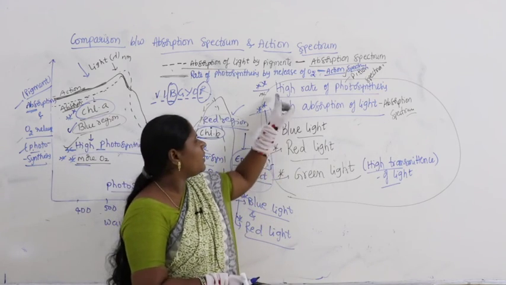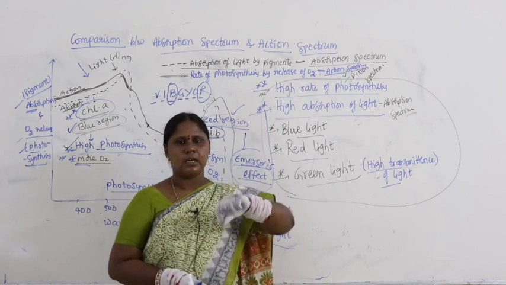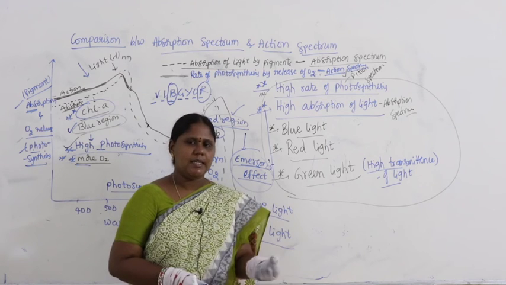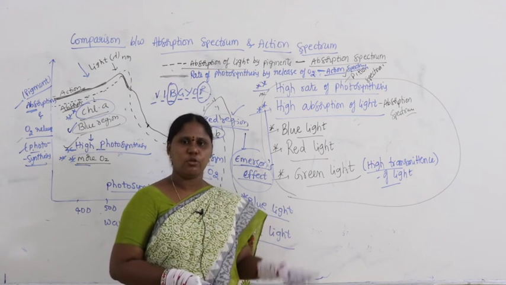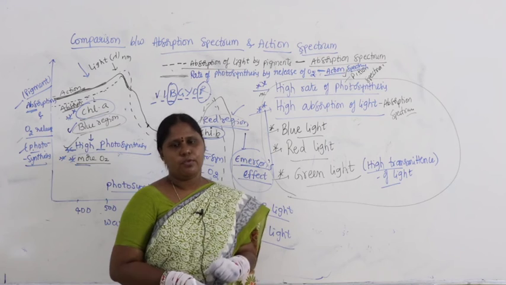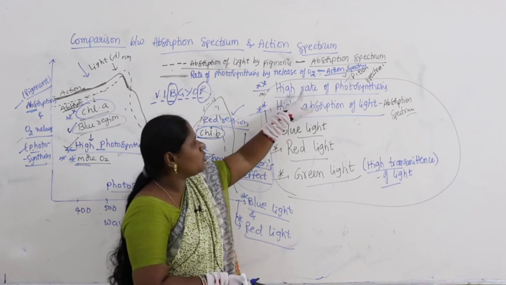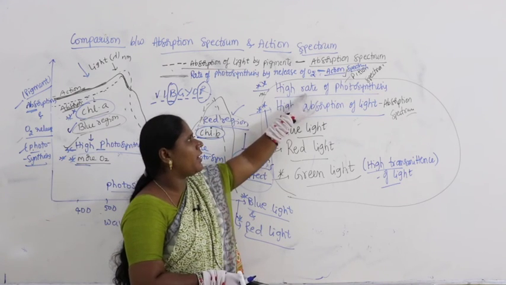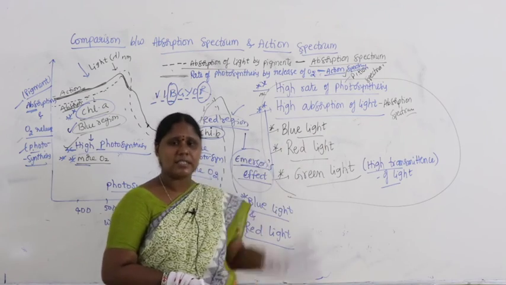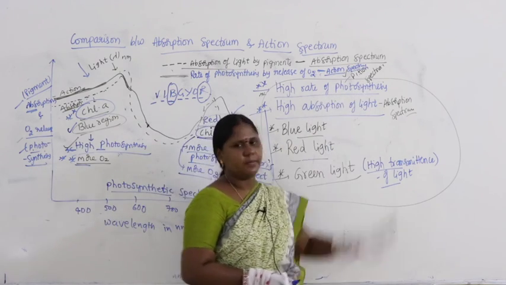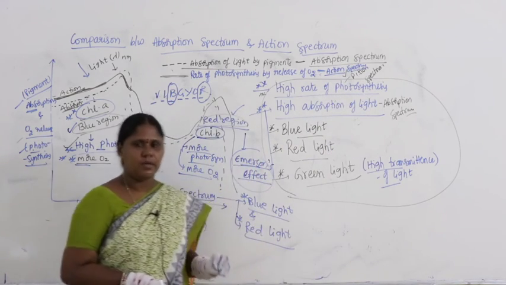And when the question is speaking in terms of oxygen release and the graph plotted between wavelength of light and rate of photosynthesis, that is measurement of production of oxygen by rate of photosynthesis, that speaks about action spectrum. This part is very important.